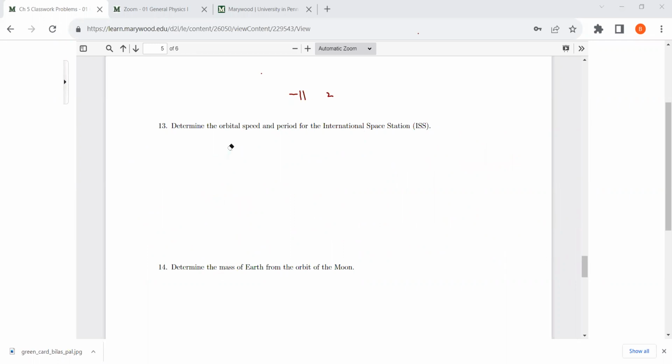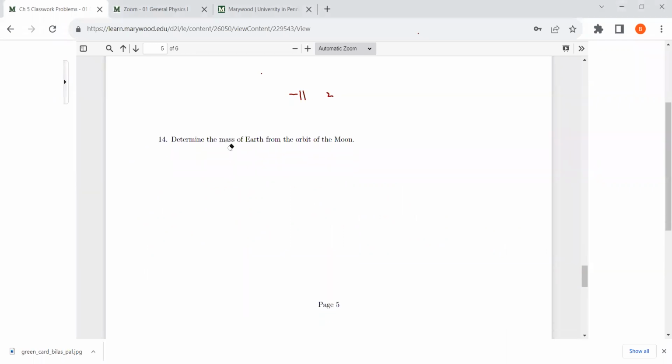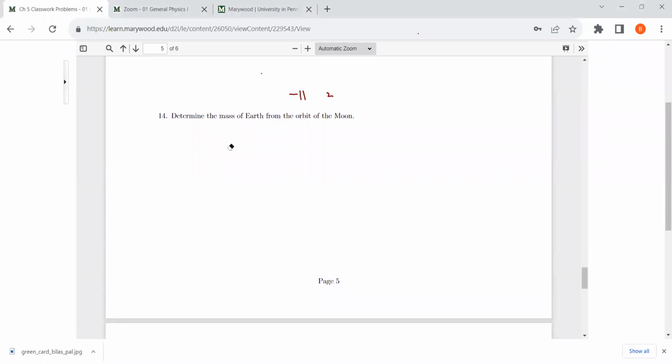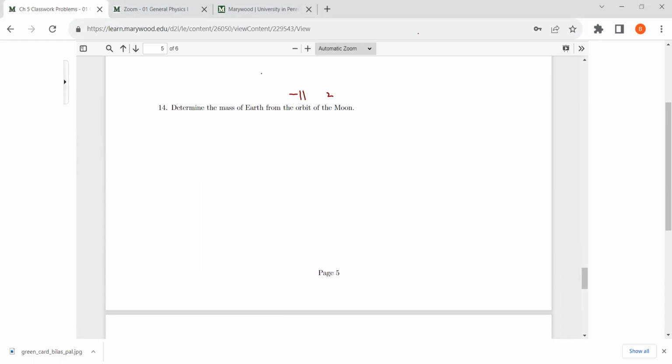So number 14, and then a problem about the geostationary satellite. Number 14 says, determine the mass of Earth from the orbit of the moon. Here we do not have much information, but what we can use is this equation.